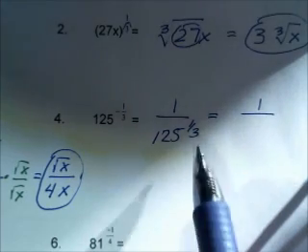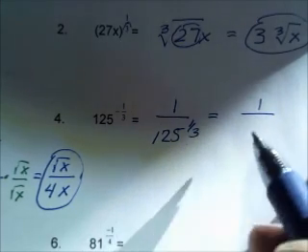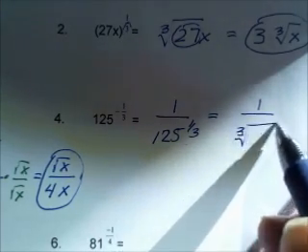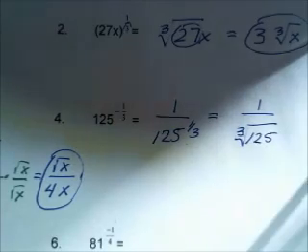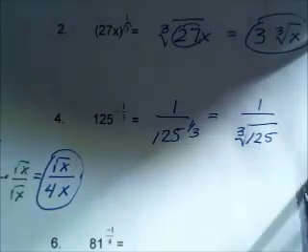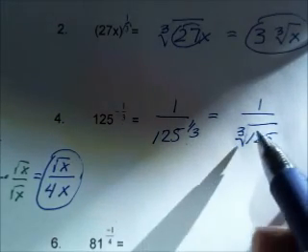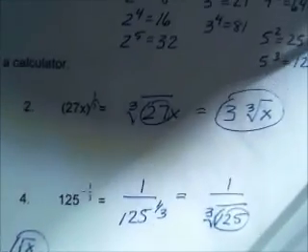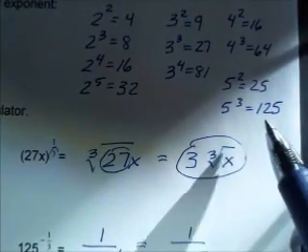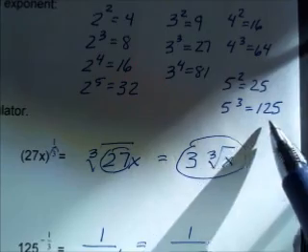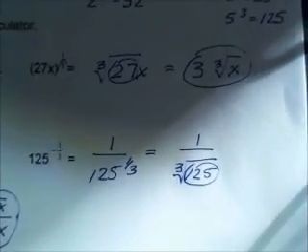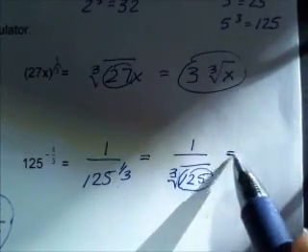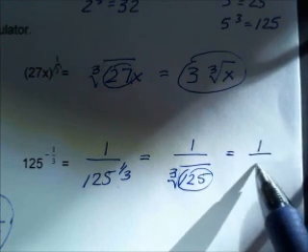One over, again, the denominator is the root. That would be the cube root of 125. And 125 is a perfect cube. Its cube root is, remember what we wrote down up here? Cube root of 125 is 5. So that's 1 over 5.